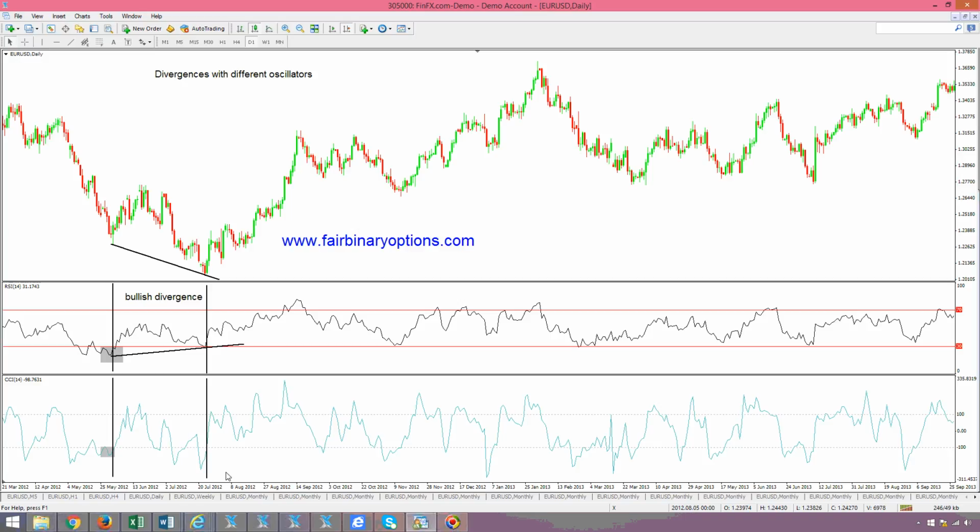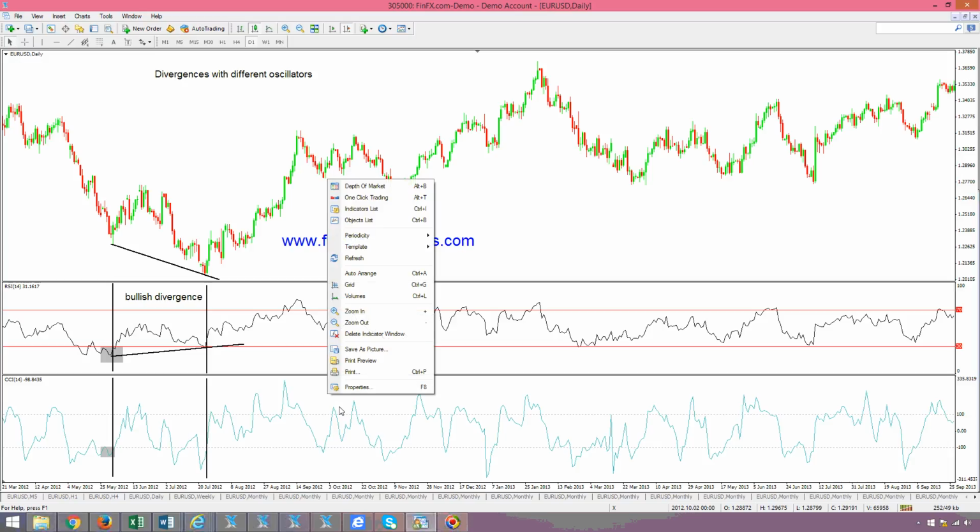When to trade this kind of divergence with the CCI or the commodity channel index? Well, the zero level here represents the transition from a bullish to a bearish territory, or from a bearish to a bullish territory. So we edit the indicator, and then we go with the indicators list.